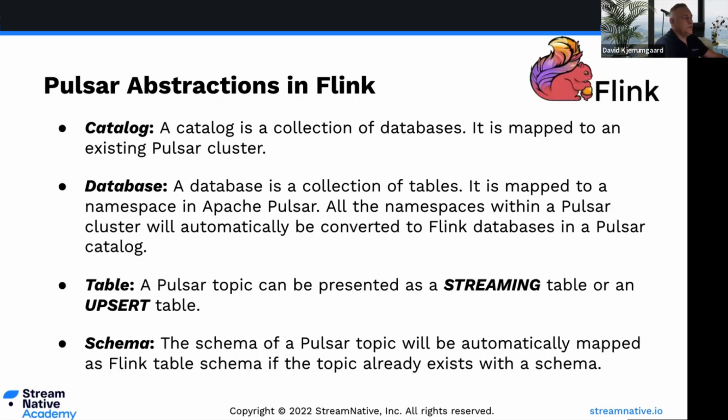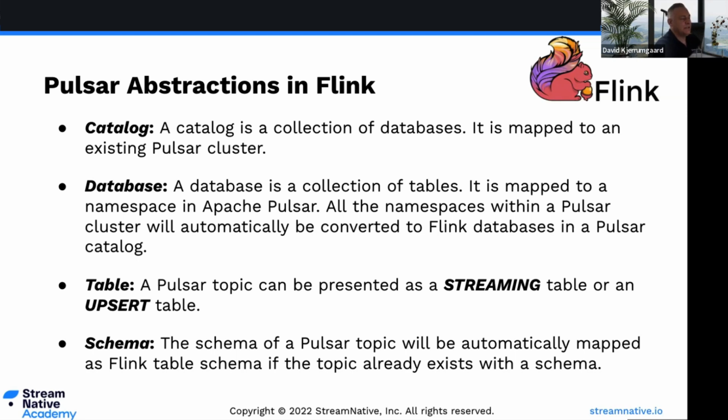Let's talk a little bit about the abstractions in Flink relative to what we saw with Presto SQL, right? So again, a catalog in Flink is just a collection of databases, and this maps to a Pulsar cluster. So an entire Pulsar cluster is considered a catalog in Flink speak. A database is just a collection of tables, and it's mapped to a namespace.